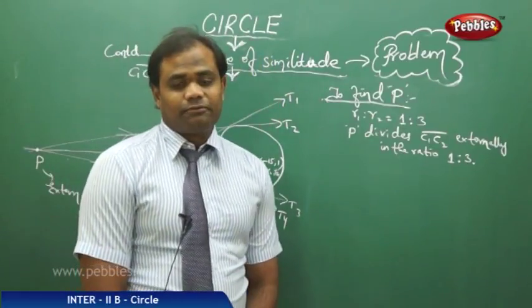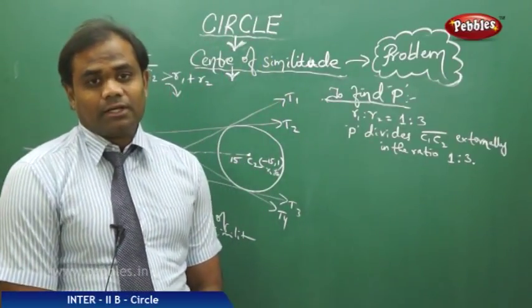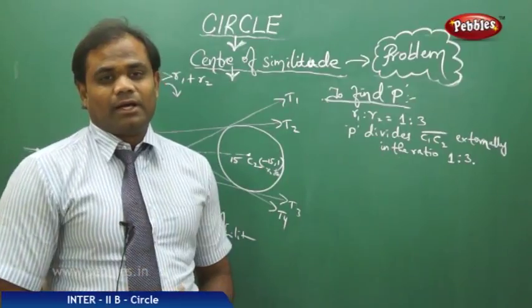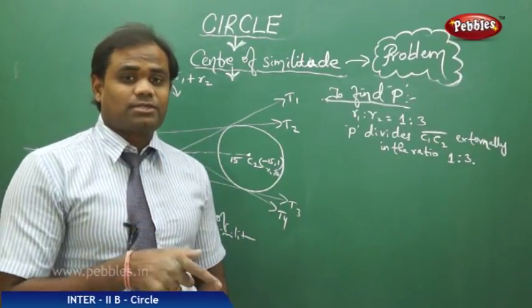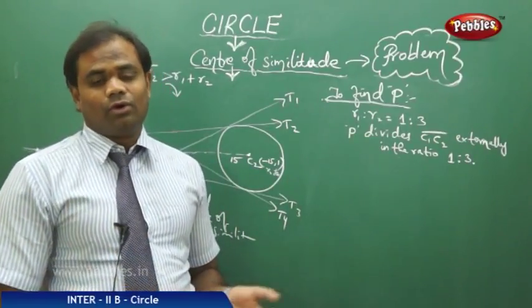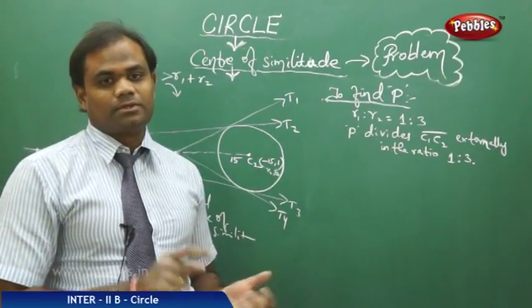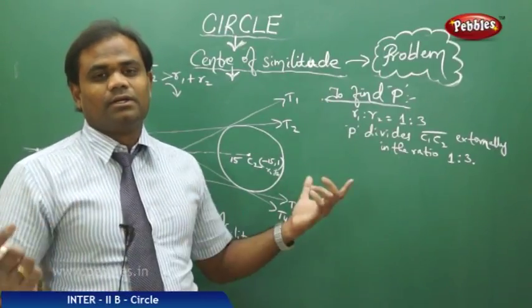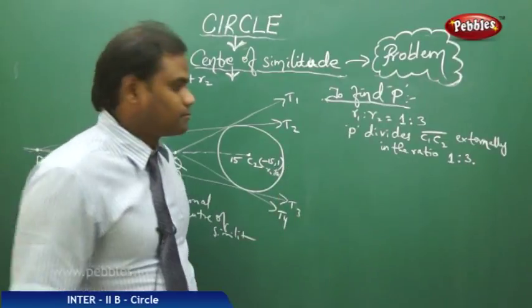Now we know that if a point divides externally, then we get the formula (mx2 minus nx1) by (m minus n). All the plus in between is replaced with minus for the external point.